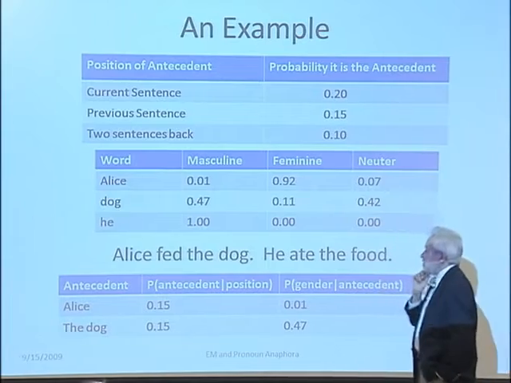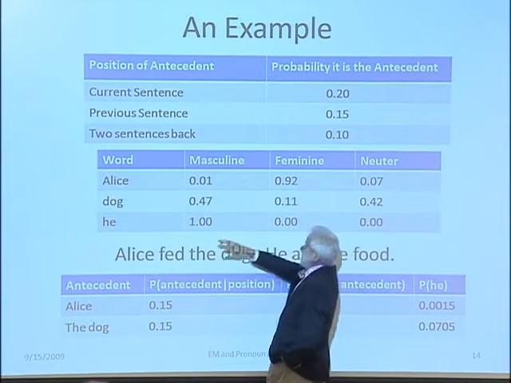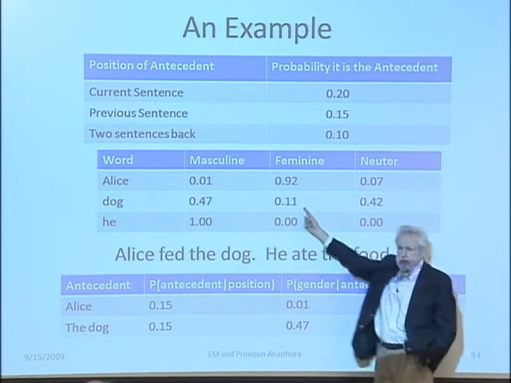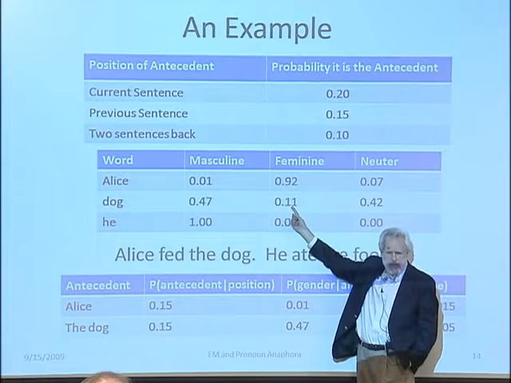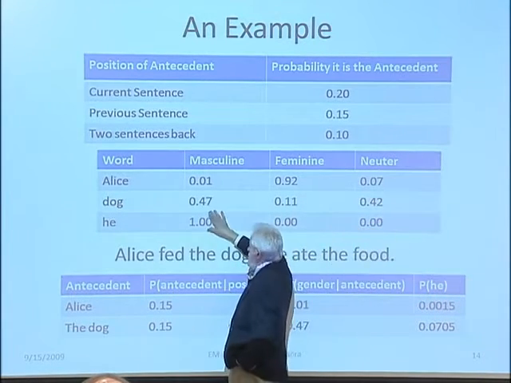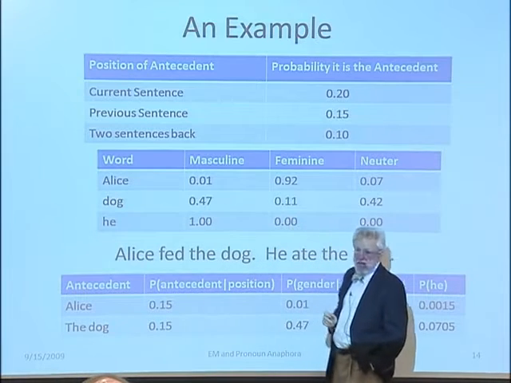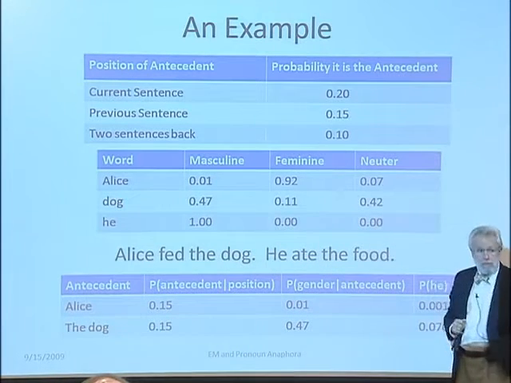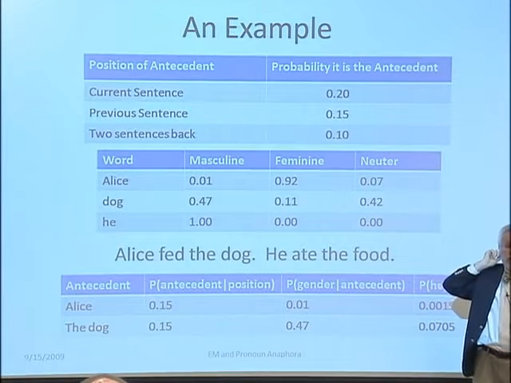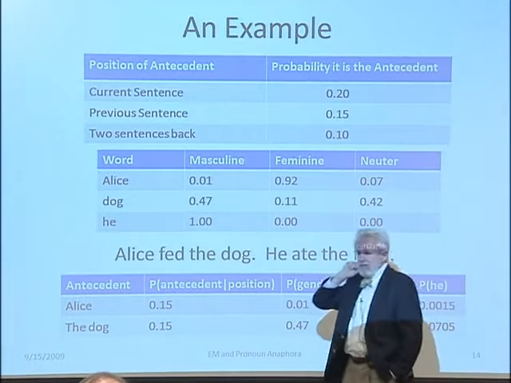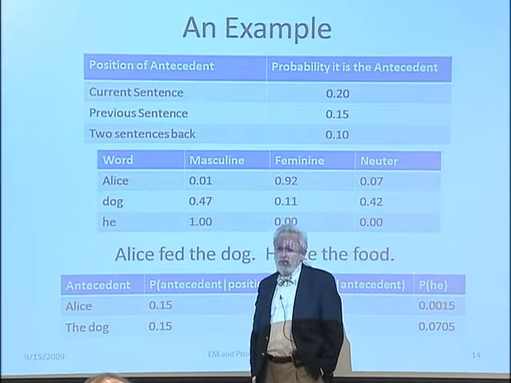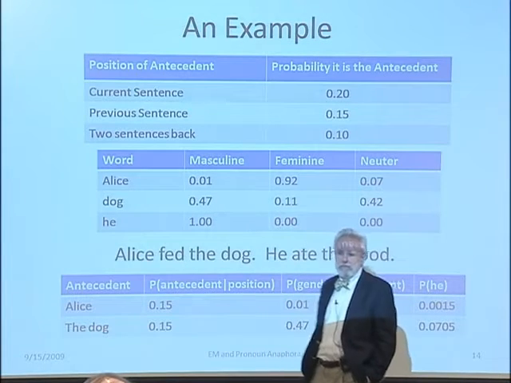For dog, it's actually fairly uncertain between masculine and neuter, but there's some significant probability that it's feminine, and this strikes me as sort of reasonable. For he, it definitely knows that that's masculine. Did you figure that out through EM? It figured that out through EM. That is, EM in that particular case converges to 1.